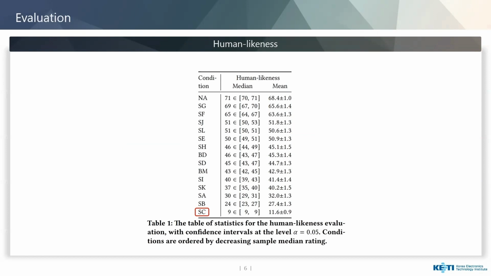Next up are our evaluation results. The results for human likeness are shown in the following figure. Our submission is SC, and as you can see in table 1, we have obtained results that generate natural gestures in terms of human likeness. To analyze this, we visualized some of the gestures generated by our model using the Blender 3D animation tool.